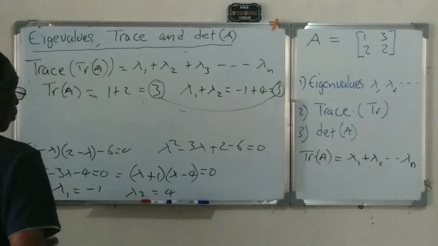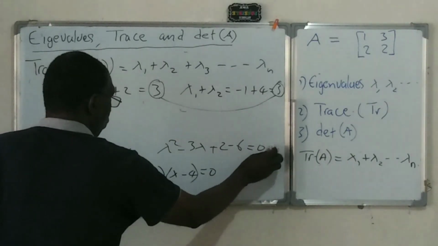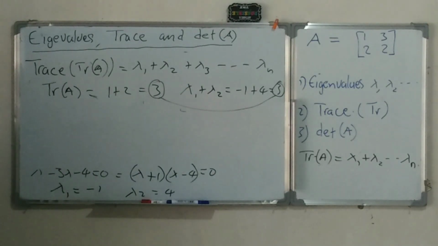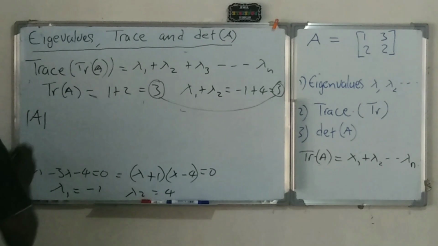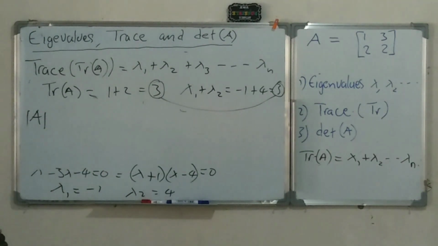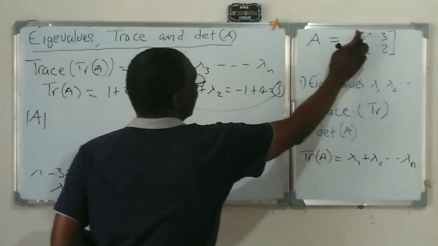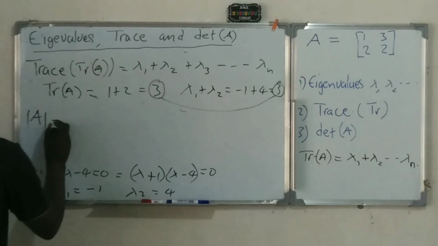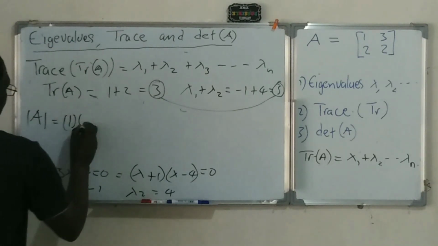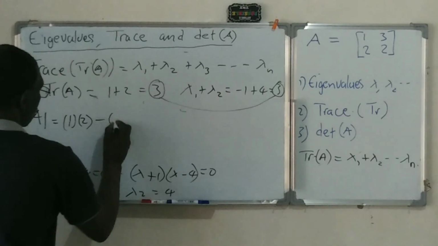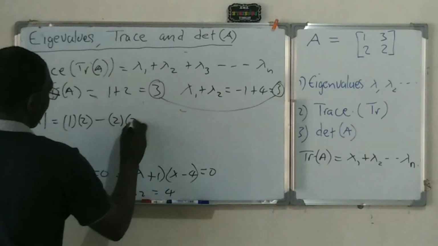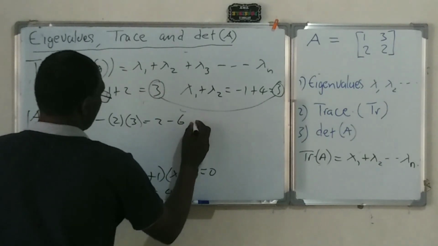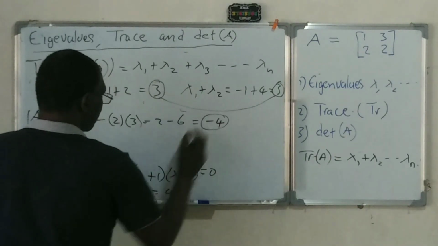Now let's see what is the determinant of our matrix. The determinant of A is 1 times 2 minus 2 times 3. It's 1 multiplied by 2 minus 2 multiplied by 3, which is equal to 2 minus 6, which is equal to minus 4.